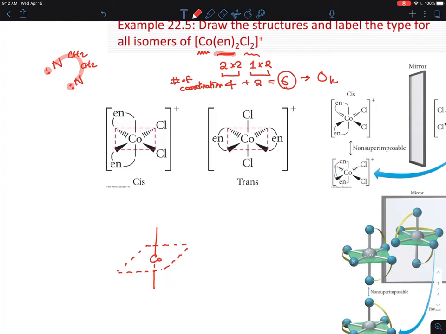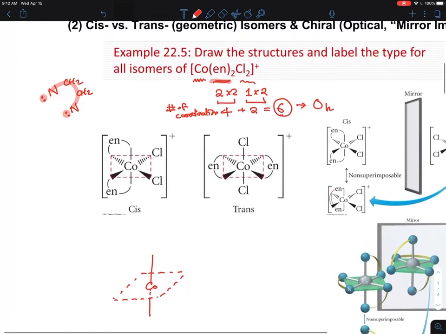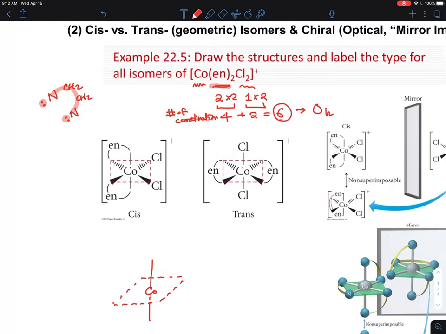I am going to highlight this particular case of the metal with en2 and chlorine 2. If this is a metal complex, it is essentially octahedral, just like shown below, but the chlorines are positioned on the same side.